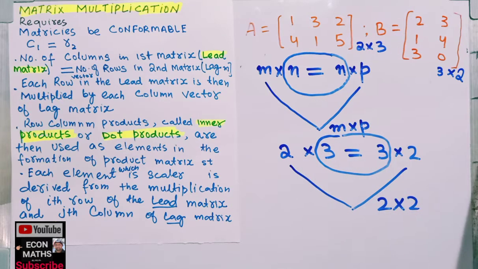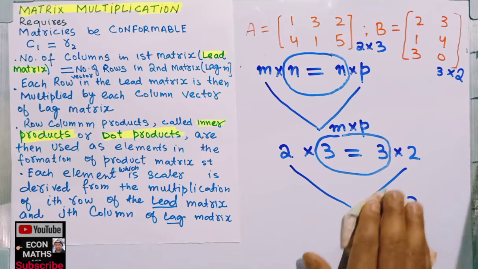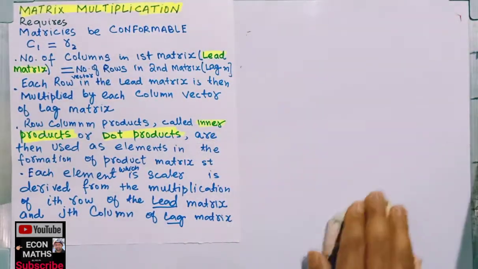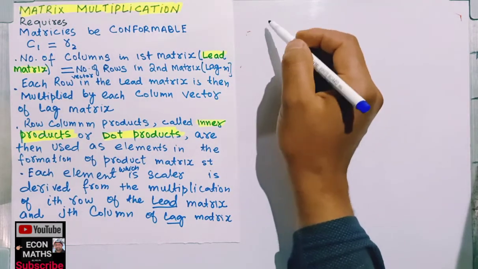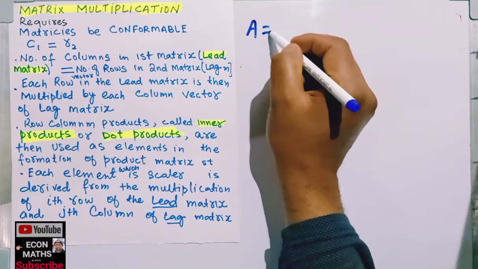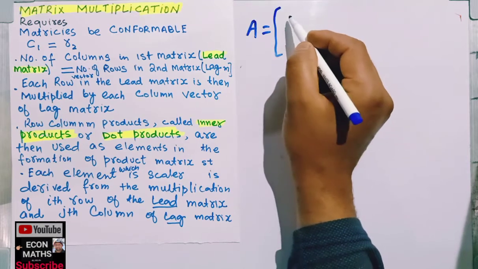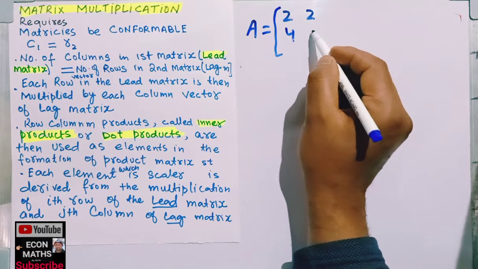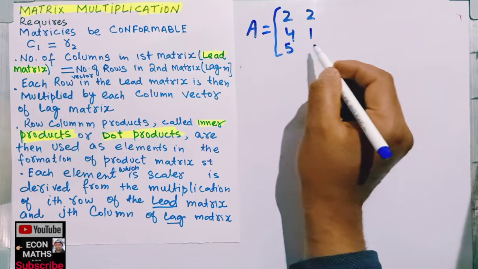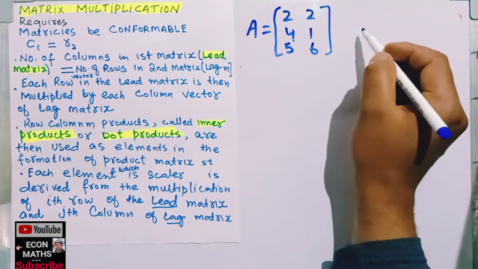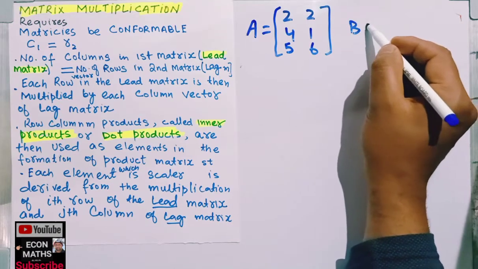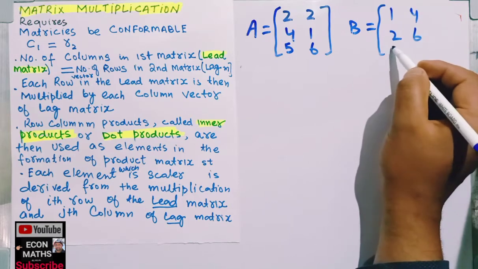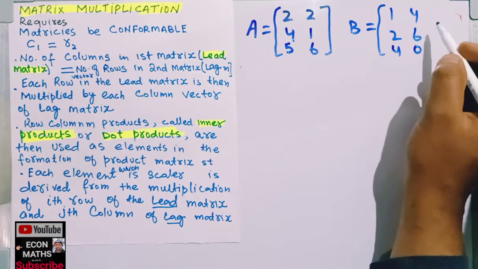Now let us take another example. Let us say I have a matrix A equal to 2, 3, 4, 1, 5, 6, and the second matrix B is equal to 1, 4, 2, 6, 4, 0, let us say.